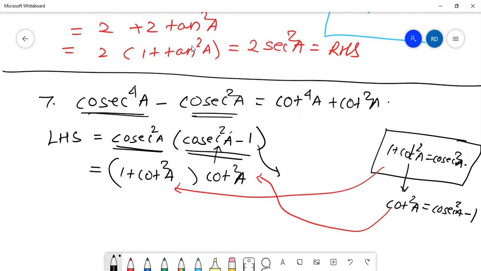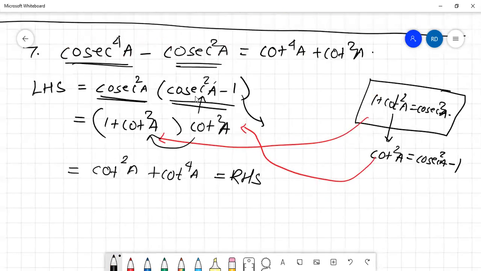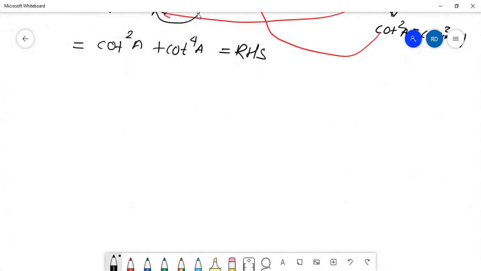That will give you cot A, and if you multiply this inside, it will give you cot square A plus cot raised to 4 A, which is your RHS, right? So let's move on to the next one.